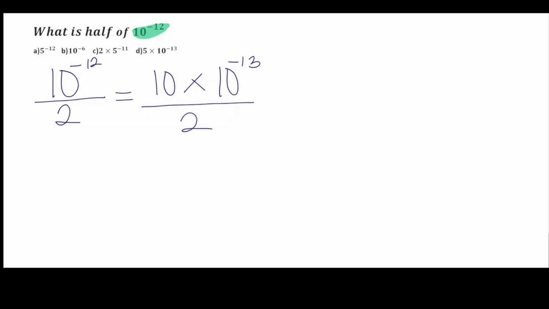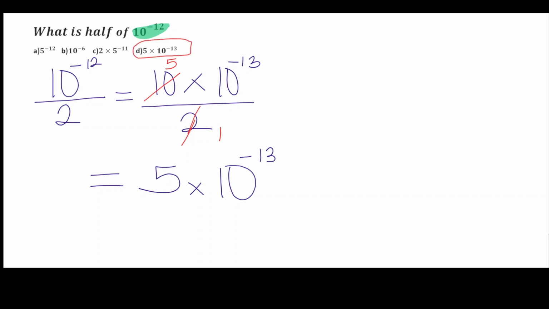As you can see, 2 in 2 is going to be 1, and 2 in 10 is going to be 5. So the final answer is 5 multiplied by 10 to the power of negative 13. So I'm just going to go to the options. The correct option is option D, 5 multiplied by 10 to the power of negative 13.